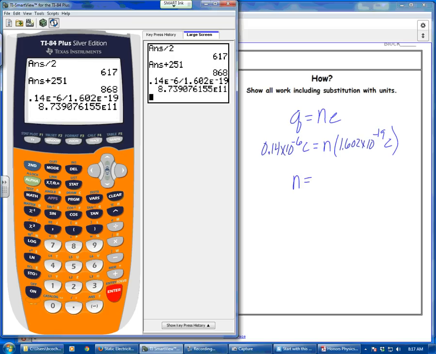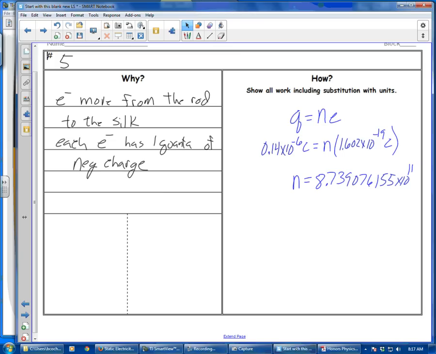And I get that this charge is going to be made by 8.7390765 times 10 to the 11th electrons. So every centimeter of this rod has this many electrons able to be removed from it.